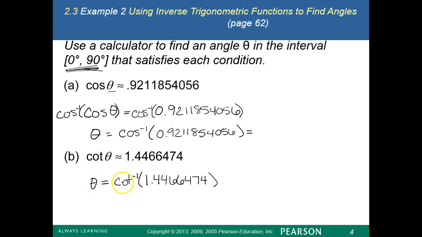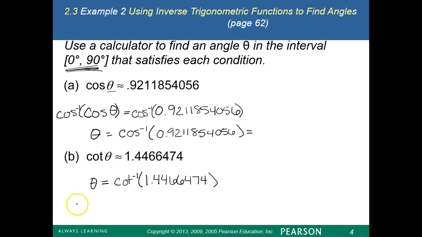But here we have cotangent inverse of this. We do not have a cotangent inverse in our calculator. So to solve this one, we need to figure out a way to use our tangent on our calculator, because the reciprocal of cotangent is tangent.